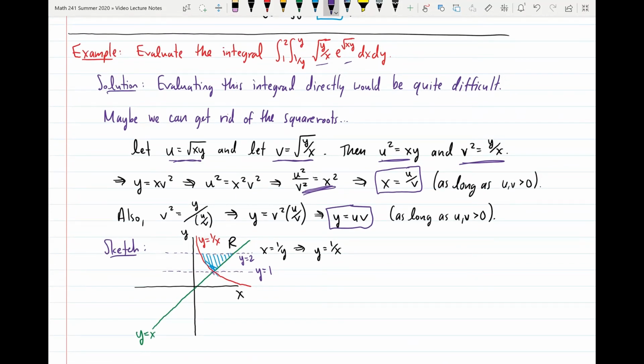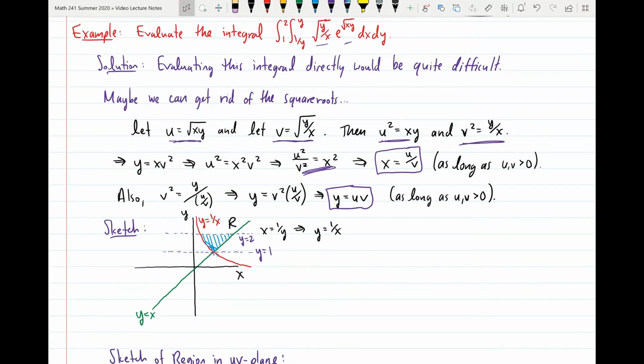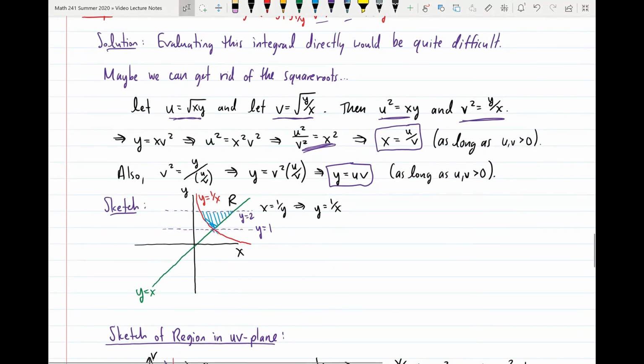Well, we draw that inside of our xy plane, so I draw that in red here. And then we have the line y equals x in green, and we also have the lines y equals 1 and y equals 2, because those are the upper and lower limits for y inside of the region R. And then the region R is going to be that region bounded by these different lines that have been drawn now. So it's the region in blue there.